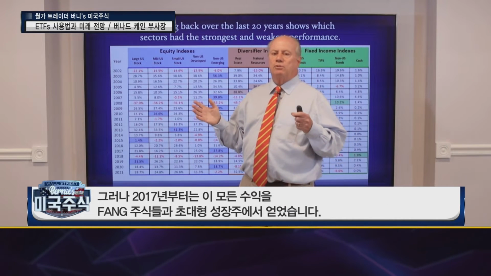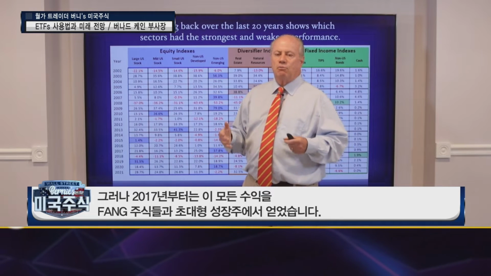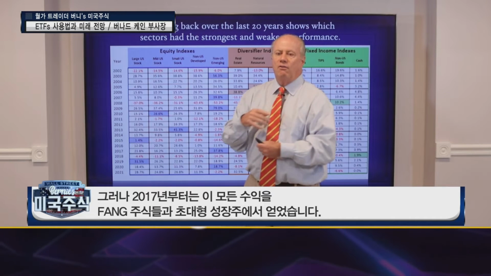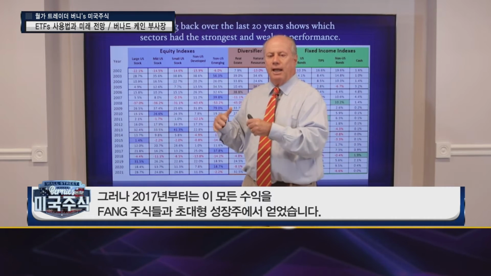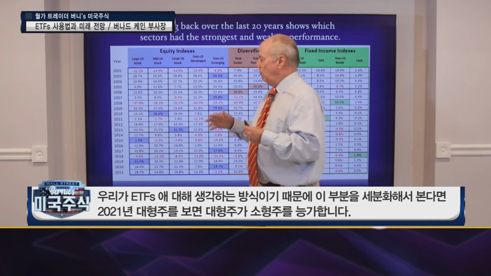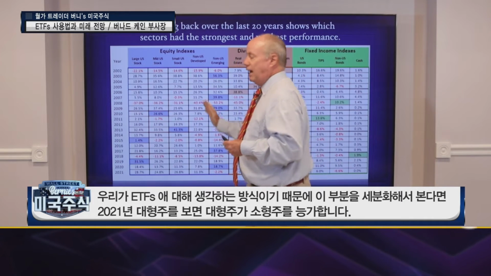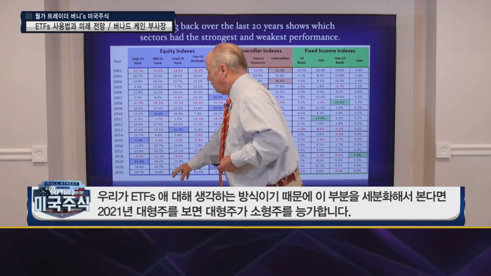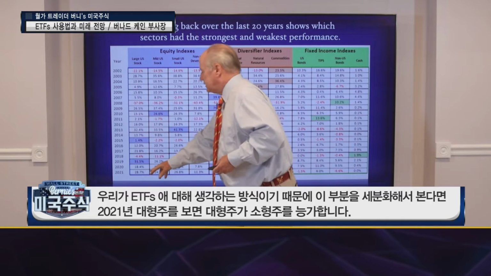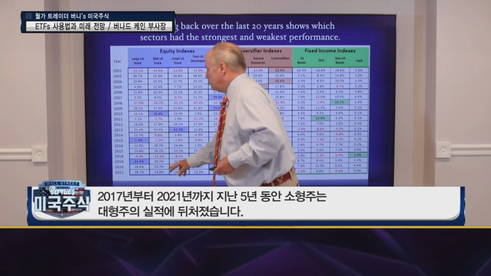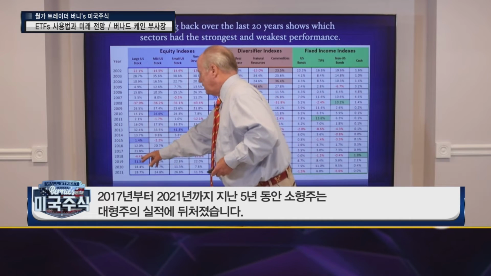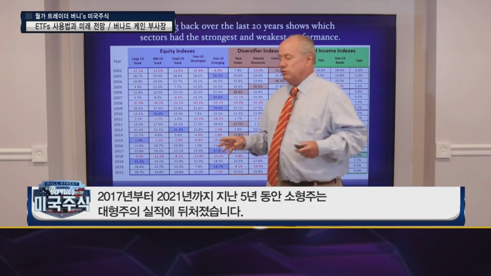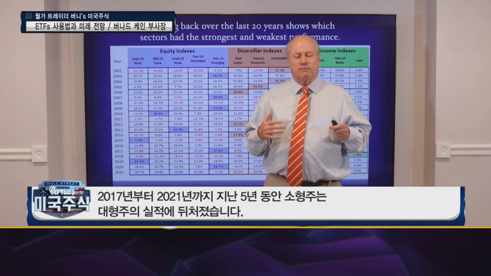But what's happened from 2017 on is we've gotten all these returns on FANG and the large big cap growth stocks. If I just break this part down, because this is how we're going to think about ETFs: if I look at 2021, the biggest stocks outperform the small stocks. 2020, 2019, 2018, 2017. So for the last 5 years, small cap stocks have lagged.